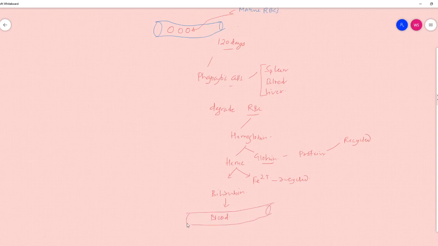Okay, maybe in the blood vessel, and this bilirubin is highly lipid soluble.